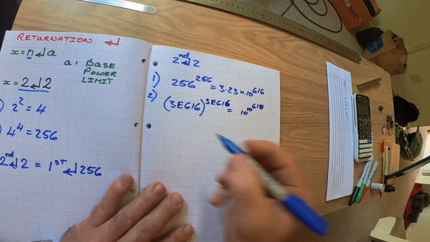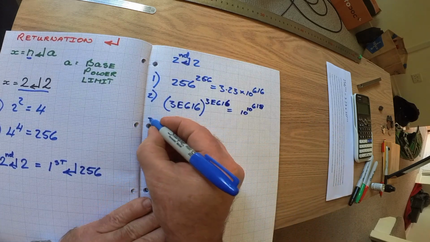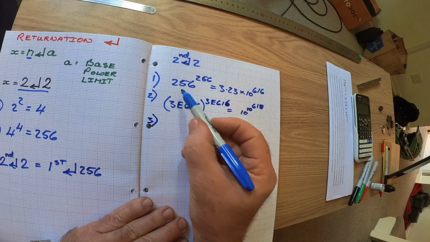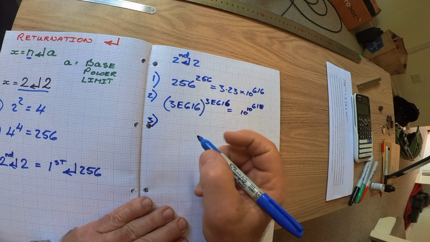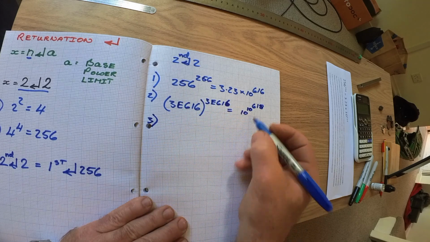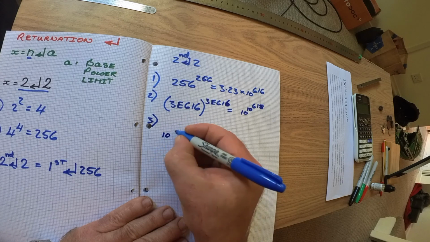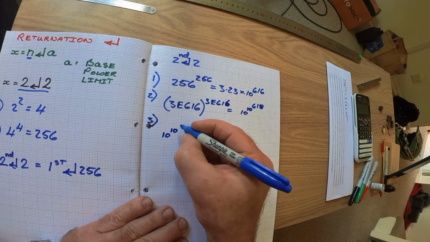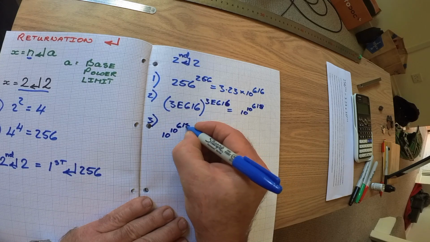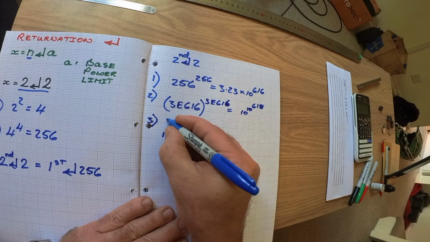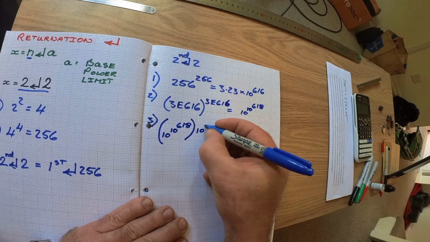So now we're into power towers. Step 3. Remember, we've got 256 steps to go. So now we have 10 to the power of 10 to the power of 618 to the power of itself.